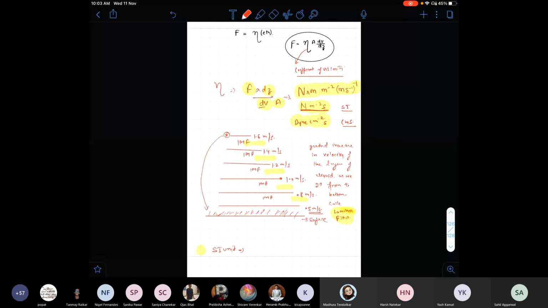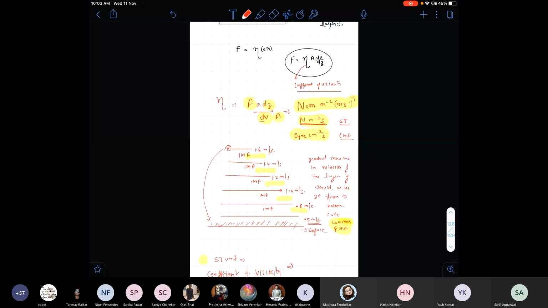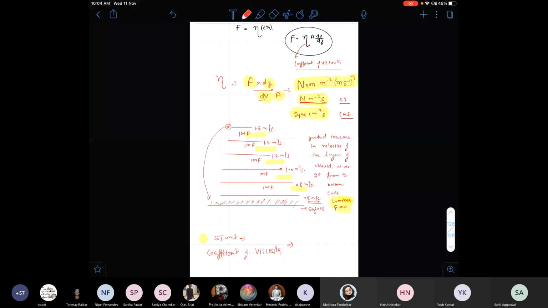SI unit of coefficient of viscosity is Newton meter square inverse second. We can say Pascal second.